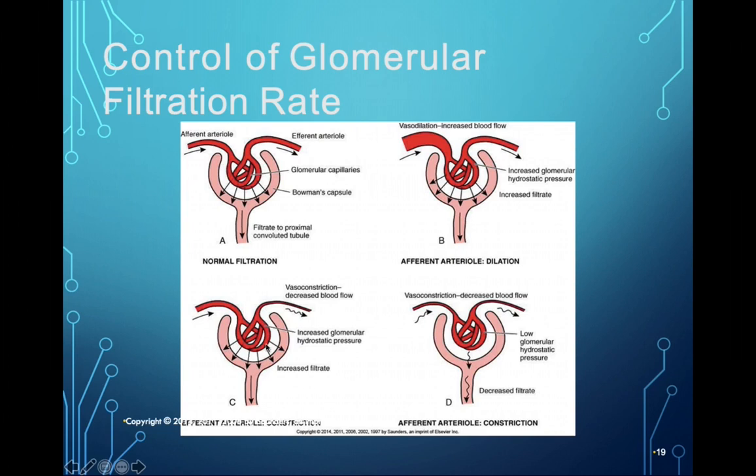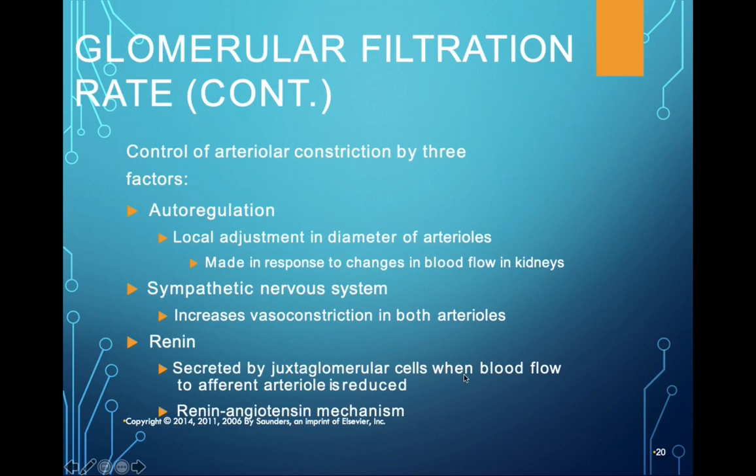So we have increased filtrate pulled out if there's more filtration time. Here we have decreased filtrate because the sympathetics must have kicked in and renin must have done its thing, because we have a vasoconstricted vessel here and a vasoconstricted vessel here, so the amount of filtrate that's pulled out is decreased.